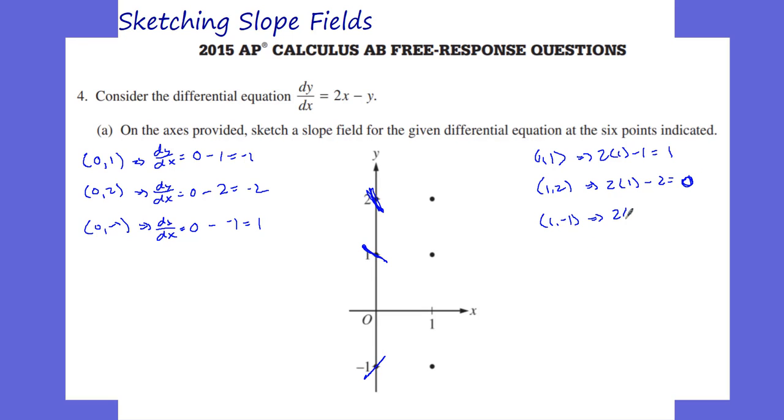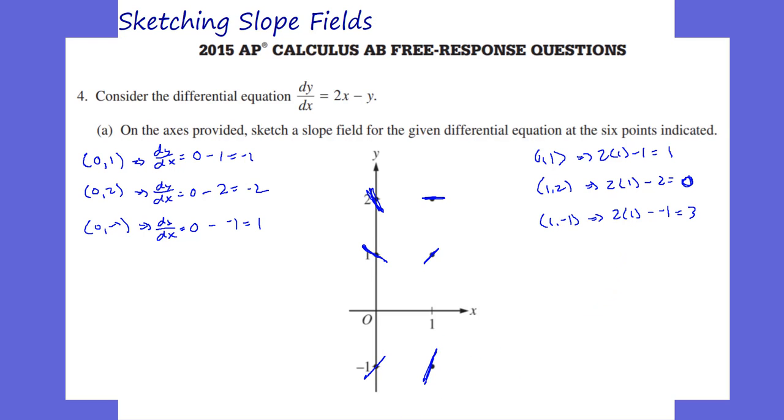And we have 2 times 1 minus -1 in the y, and that gives me 2 plus 1, that gives me 3. And so at 1, 1, our slope is +1. At 1, 2, my slope is 0. At 1, -1, my slope is 3. A much steeper slope, isn't it?